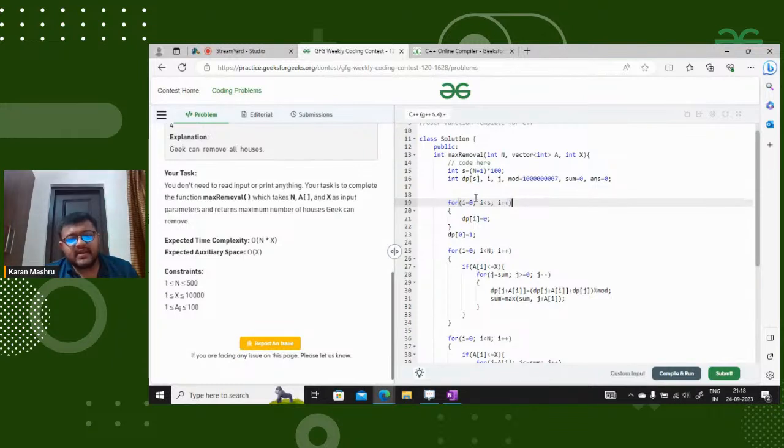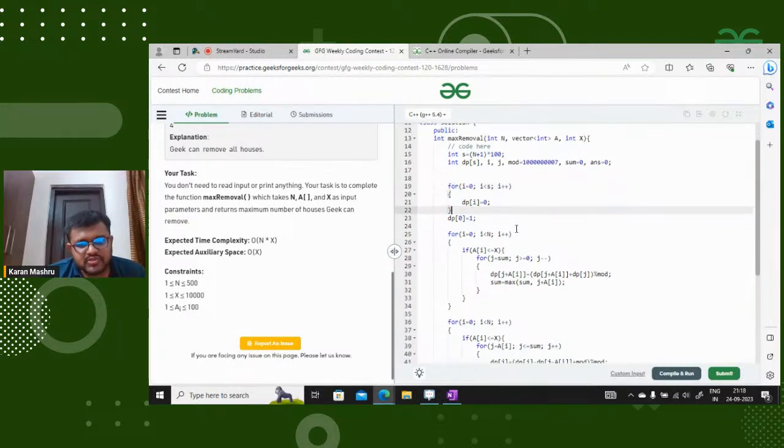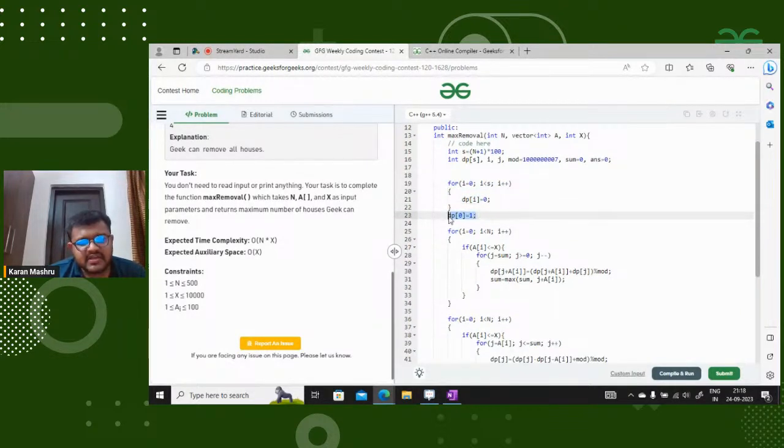So basically, dp of i will contain the number of subsets whose sum is equal to i. Initially I have initialized dp of i equals to 0 for all, and dp of 0 equals to 1. Why? Because the number of subsets whose sum is 0 is always 1, that is the empty set.